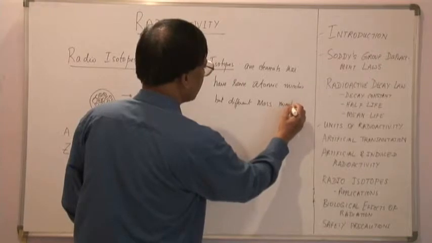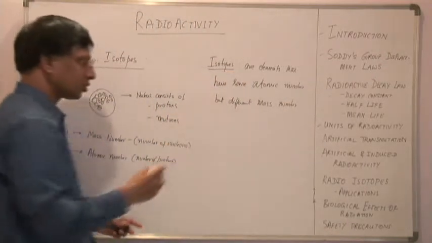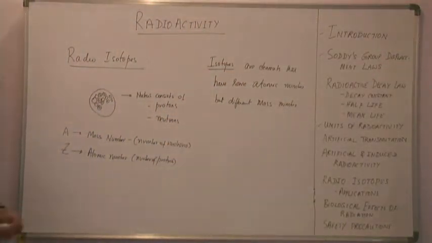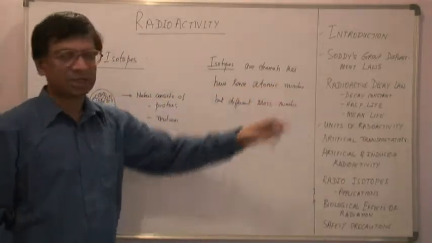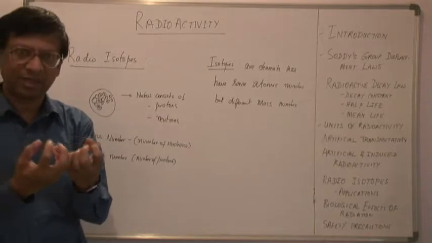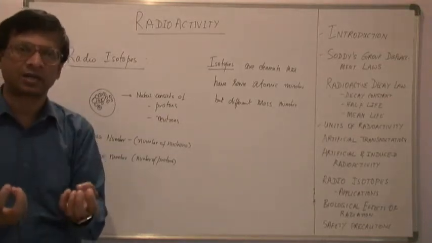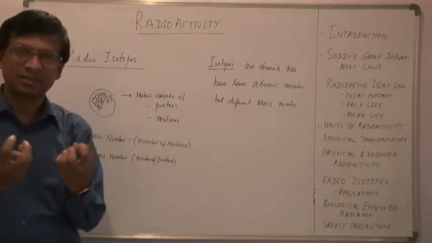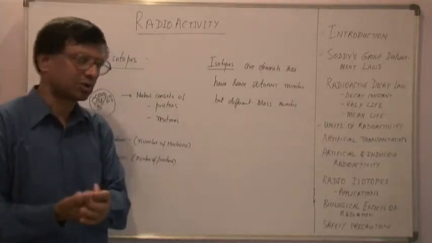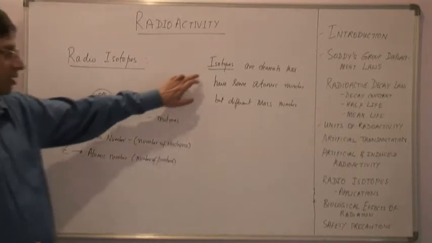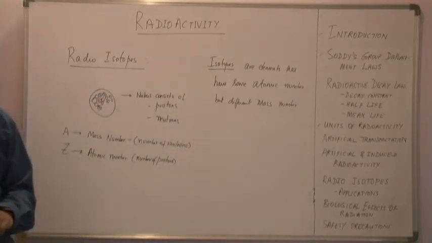That means the number of neutrons in these isotopes is different. The number of protons in these two nuclei is the same, and therefore they are chemically identical, but they have different mass numbers, which means a different number of neutrons.